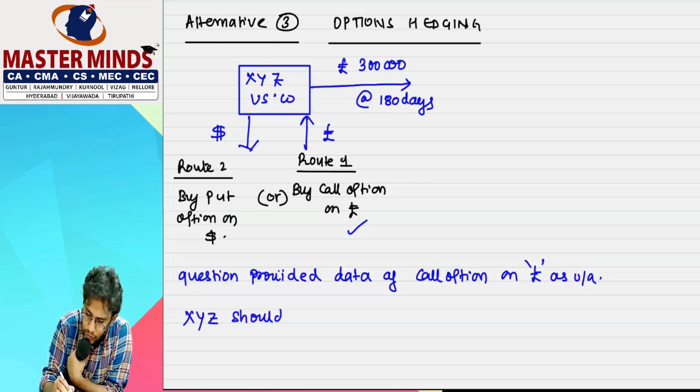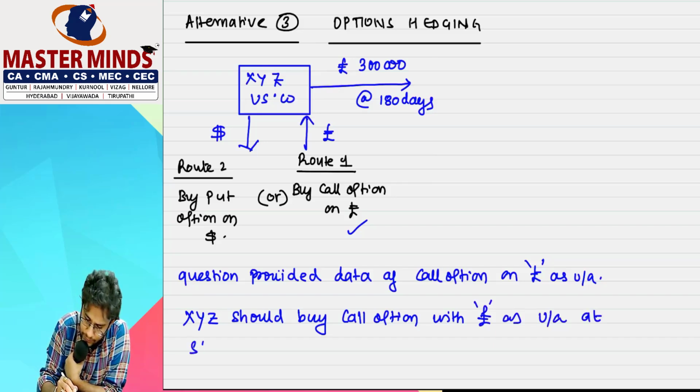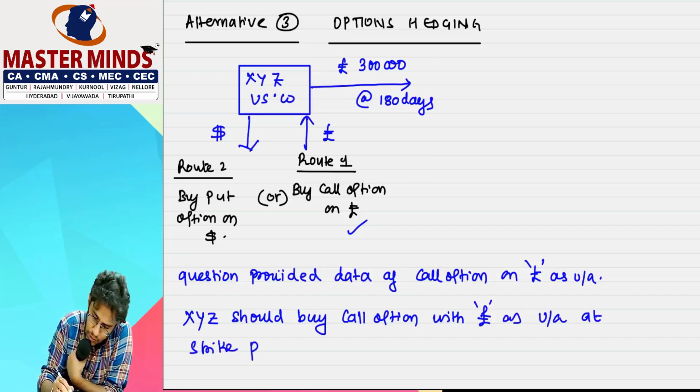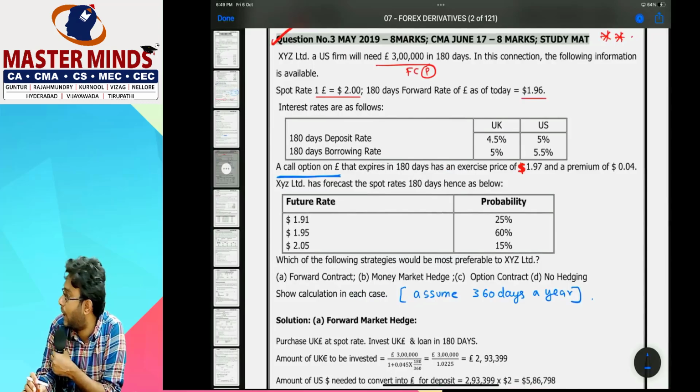Okay, so XYZ should buy a call option with pound as the underlying asset at a strike price of, the call option will give you the right to buy pound, no, at what rate?